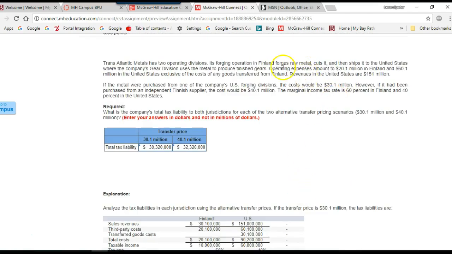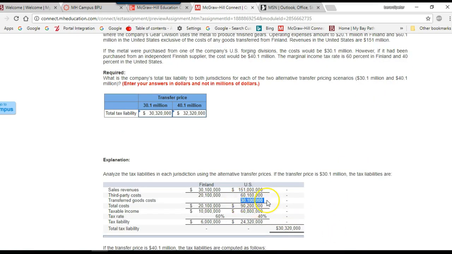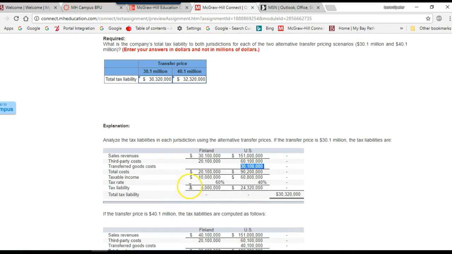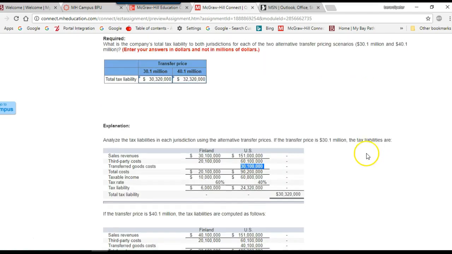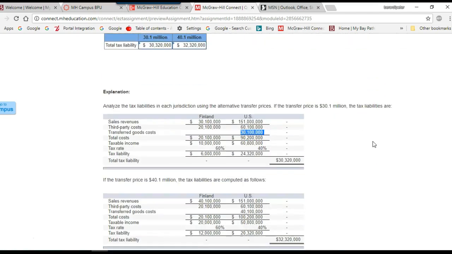In addition, the add-on cost to sell that 151 million is 60.1, so that's your third-party cost. The transfer cost is 30.1 million, but it is revenue to Finland. So simply do the math here. Your taxable income is 10 million and 60.8 million. The tax rates are given to you in your problem. Take your tax rate for Finland and apply it, and your tax rate for the U.S. and apply it.